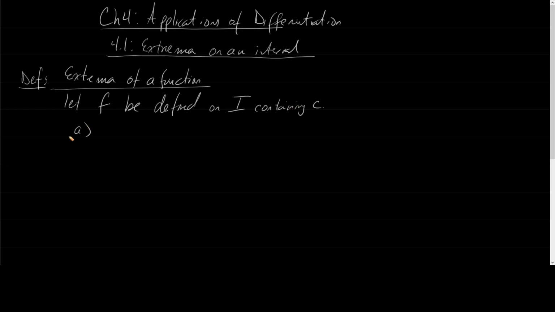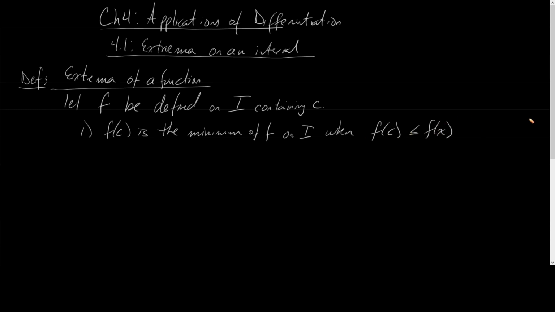Right? F of c is the minimum of f on I, so the minimum of the function f on I, when f of c is less than or equal to f of x for all x in I. So what is this saying?